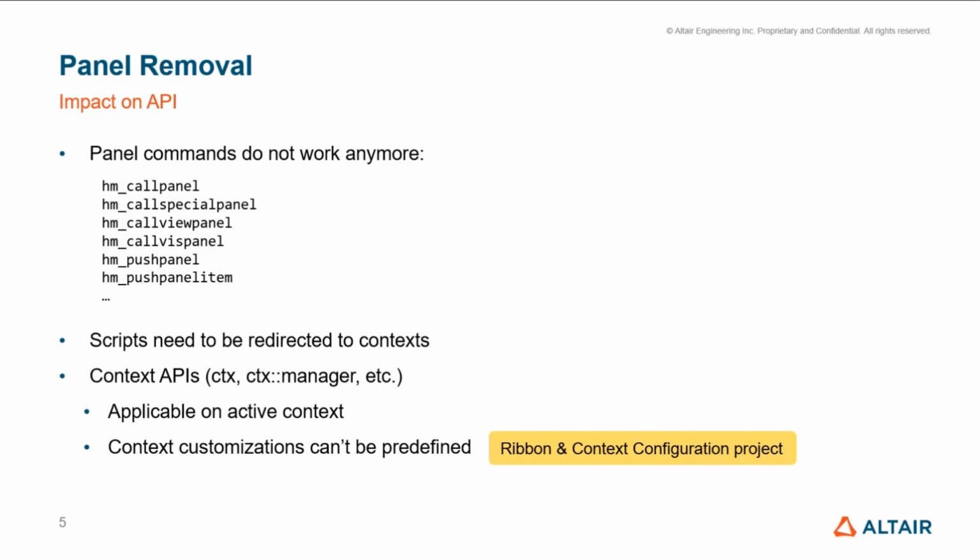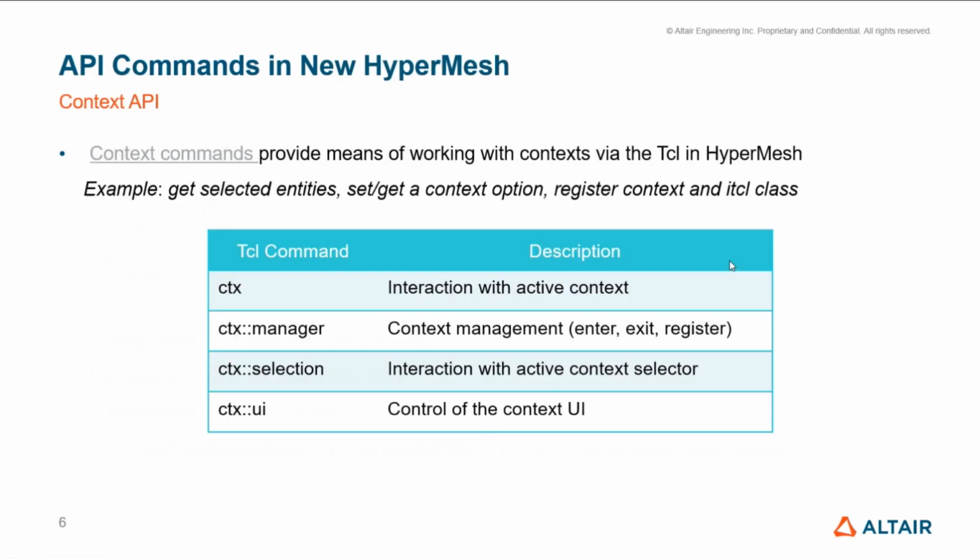These commands are suited for work only with the active one. For the purpose of customizing contexts and ribbons and pre-configuring things, we have a separate project running that should reach the release soon.